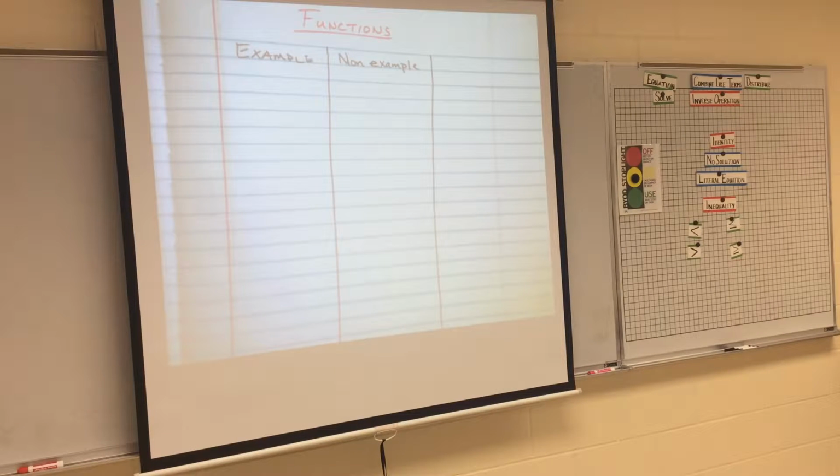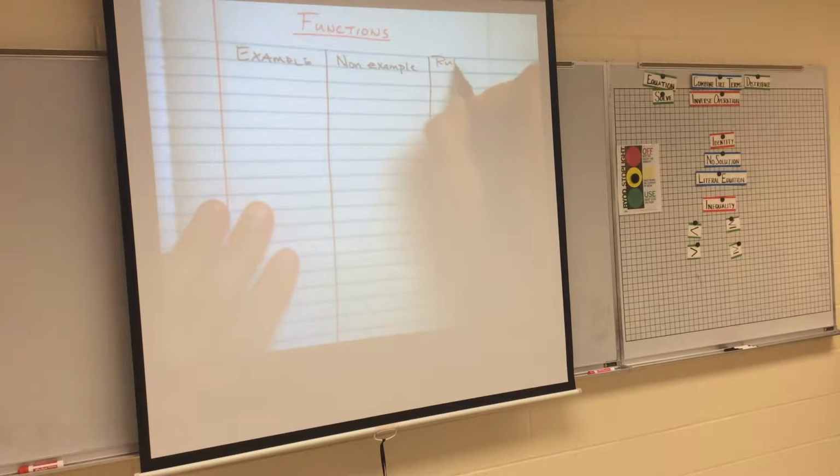Alright, and then that last column, that third column, I'm going to say that's where we're going to put the rule, definition, or clue.